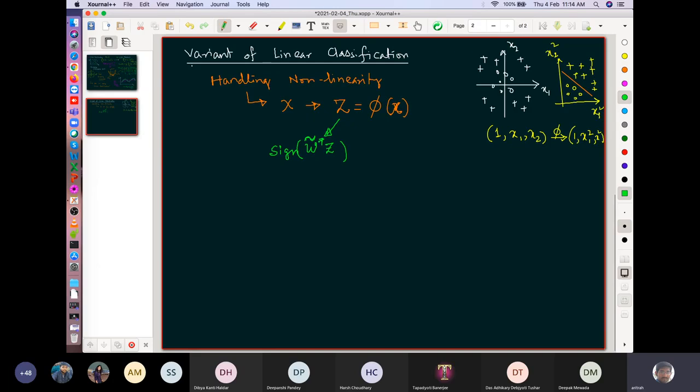I wrote it with a tilde because it's in the Z space. And then finally we convert this W tilde back to my original W space of the weights. Eventually, due to this shift in the domain and coming back of the weights, instead of a linear separability in the x1 square and x2 square space, I got this kind of a thing in the original space.